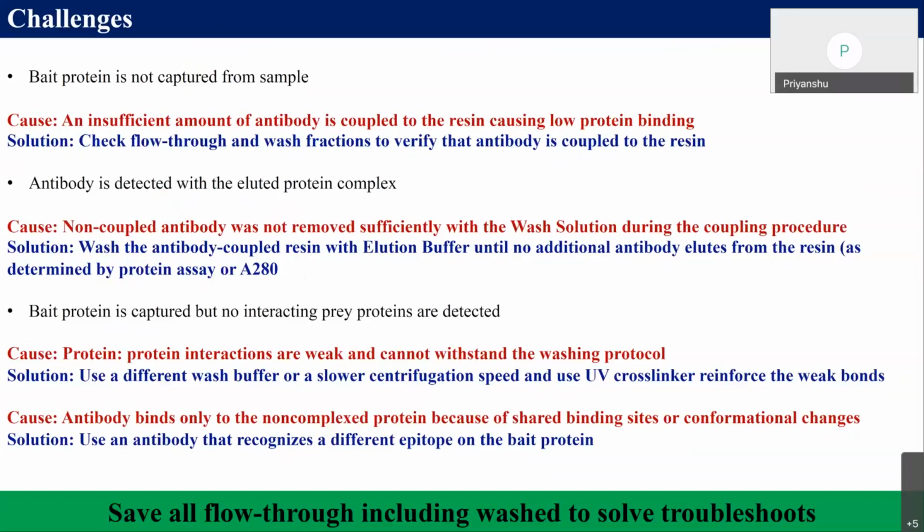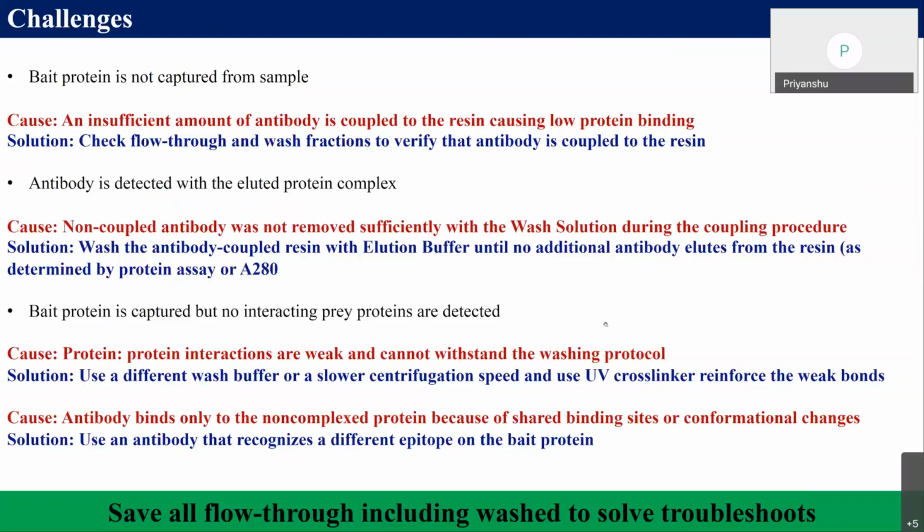In that case, there are some causes, like the protein-protein interactions being weak, so maybe during washing these interactions are completely diminished. I can suggest using a different wash buffer or decreasing the concentration of the constituents of the wash buffer so that the interactions stay intact.